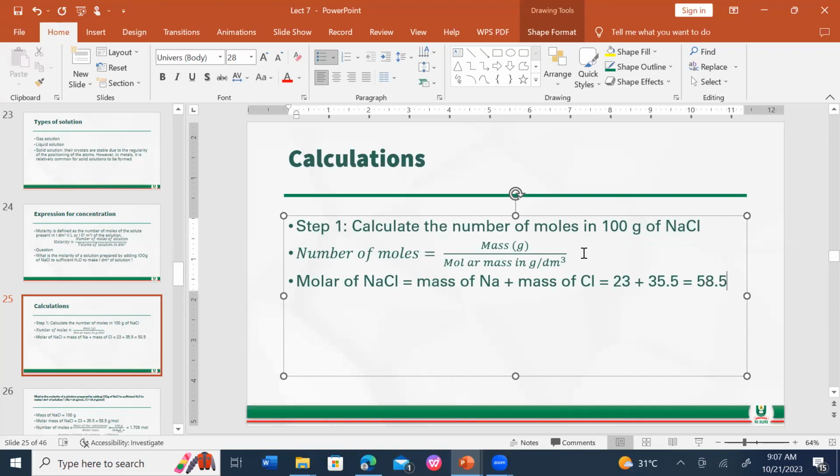So now you know the mass of the substance, and you know the molar mass. So the number of moles in 100 grams of sodium chloride is next, step 2.